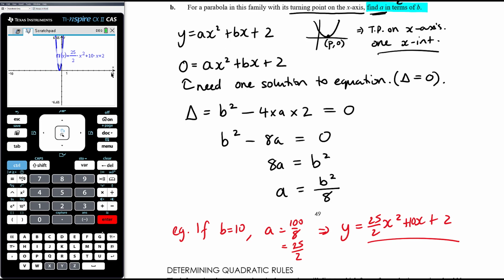Okay. If we made them negative, so if let's say b is negative 2, then a would be 4 on 8, which is a half, and so we'd be looking at half and negative 2. What we're actually seeing here is because we square b, even if b is a negative number, a is always going to end up being something positive.